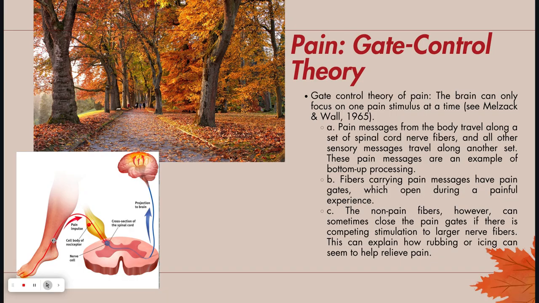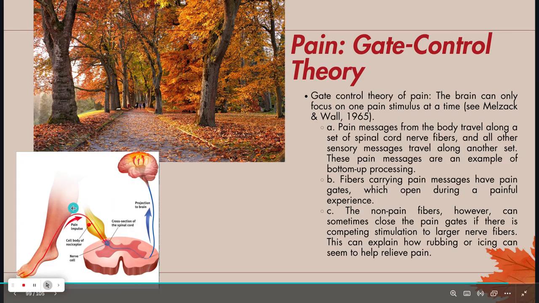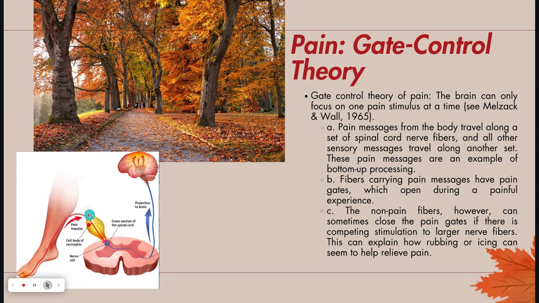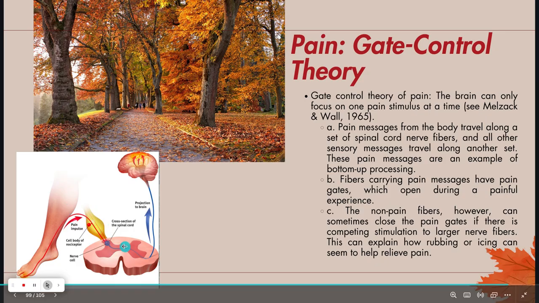It's all this information that we're building up to this experience of pain. We also know these fibers carrying pain messages have pain gates, which open up during a painful experience. So imagine this impulse, whether it's pressure or some other sense, maybe hot, carrying it up to these receptors.